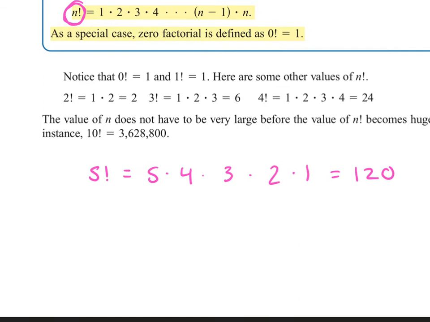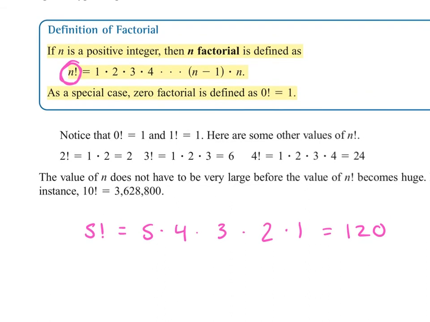So 5 factorial would give you 120. So it just stands for all the numbers being multiplied behind it. An important thing to note here is that 0 factorial is equal to 1 and also 1 factorial is equal to 1. Just some special cases.